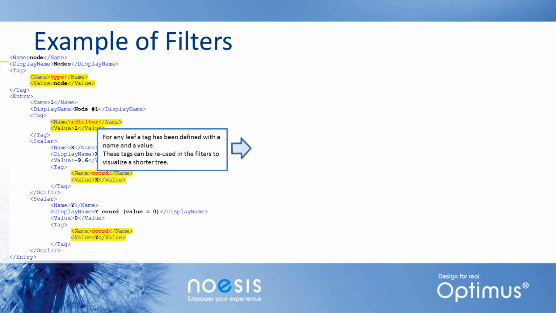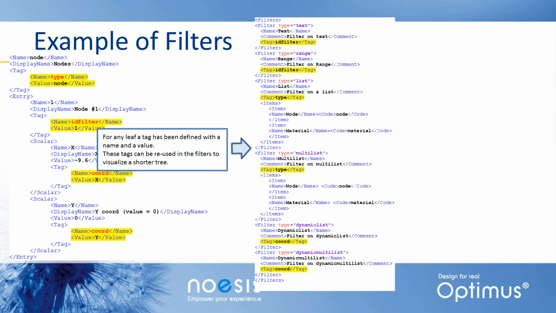The important thing that you have to see is that to use the filter you have to define a tag in the XML input and output file. So once you have done that, you can filter according to that tag in the graphical user interface.